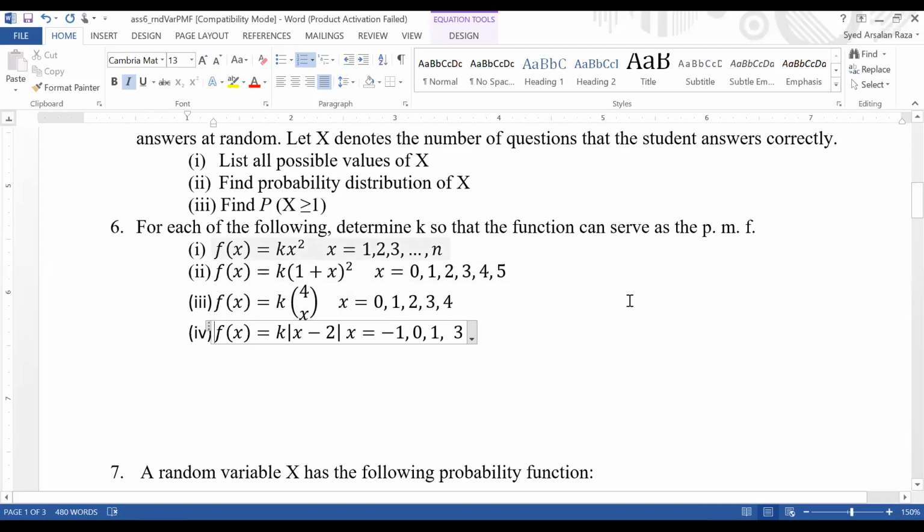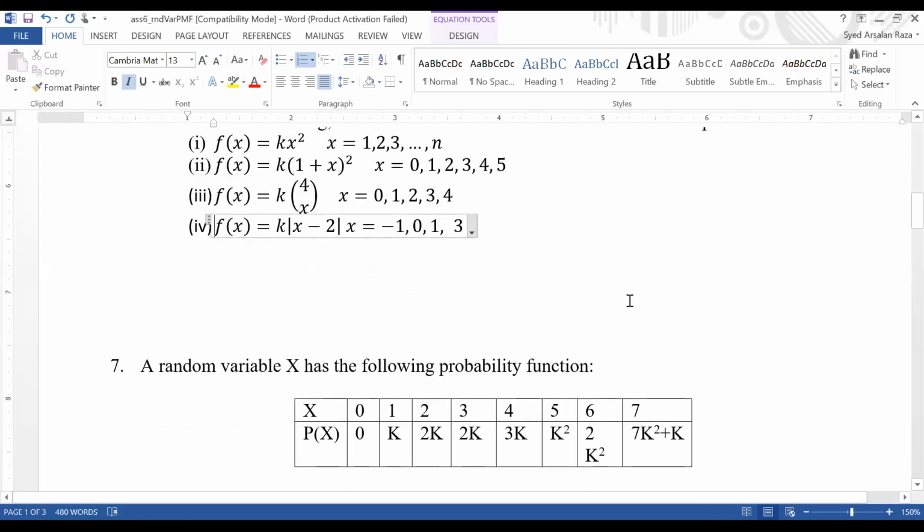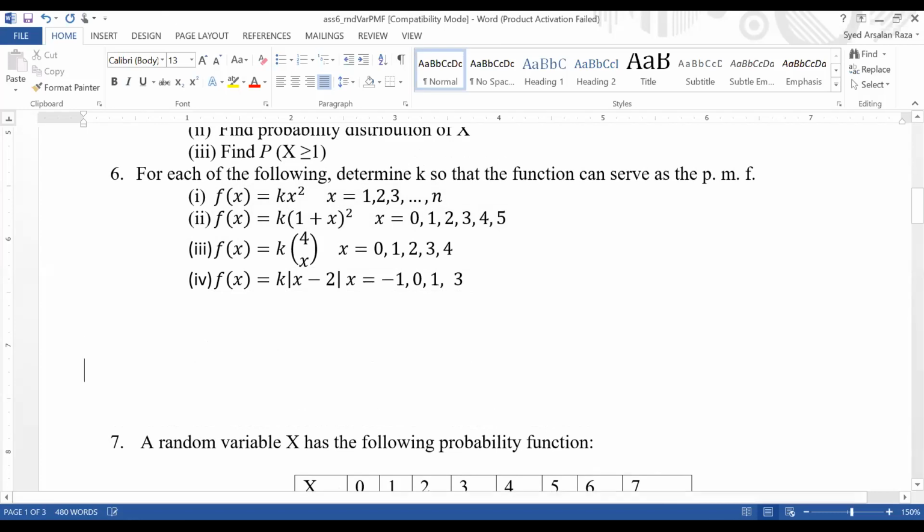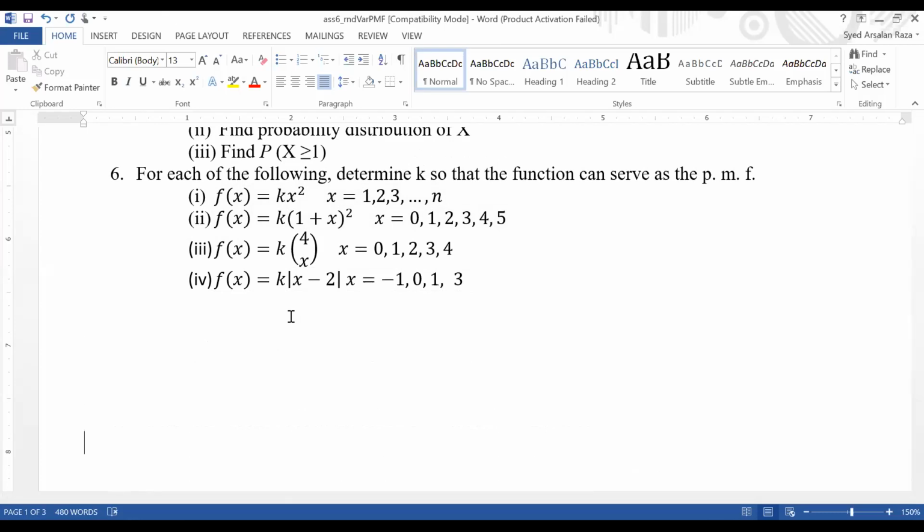In question number 6, you have to find the value of k such that the function becomes a probability mass function. The function becomes a probability mass function if its total is 1. So one equation is here. What is that equation? Total is 1.